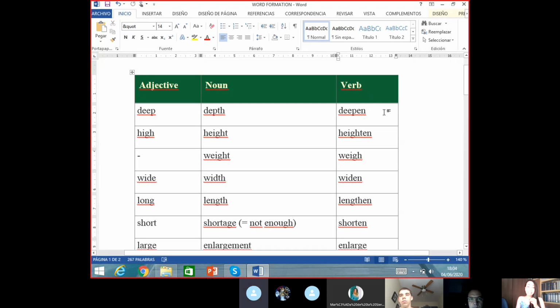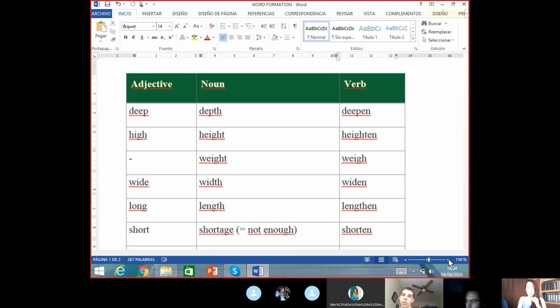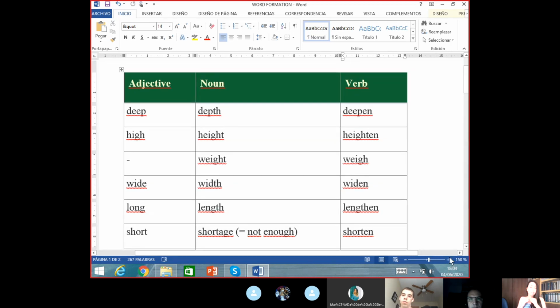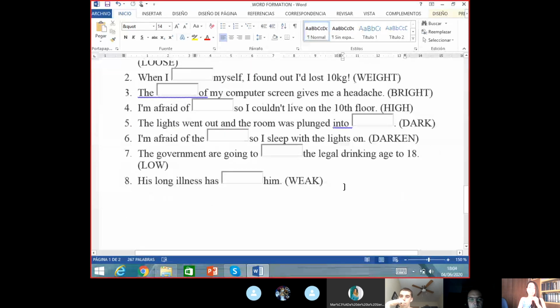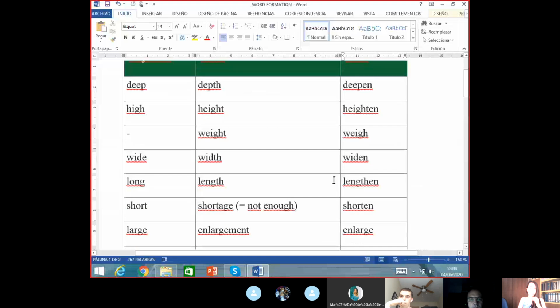It would be deepen, and the third column deepen with -ed: heightened, lengthened, shortened, and all of them like this. So we're going to see the first one. I don't know if you see it well. So today we're going to be working on word formation because I'm going to show you this, and then we will do just 2 exercises, and then I will explain to you another thing.